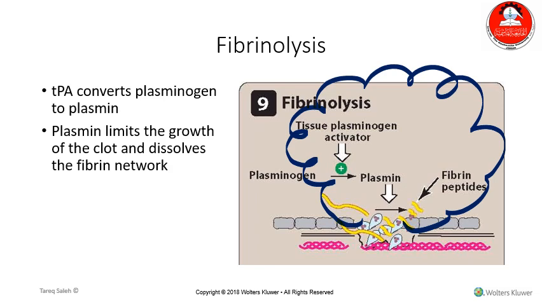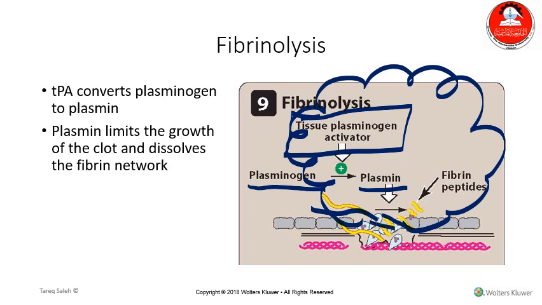This pathway is activated by the release of a factor called tissue plasminogen activator that has the ability to convert plasminogen into plasmin. Plasmin has the ability to break down the fibrin fibers that are deposited at the clot site, and that limits the growth of the clot and dissolves the fibrin network as the wound heals.